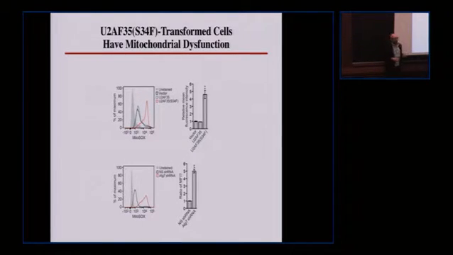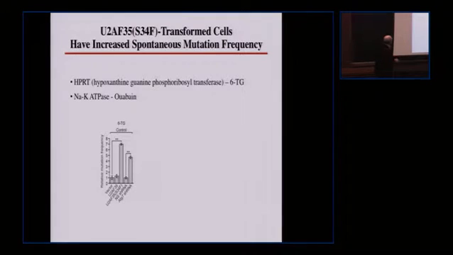Increased reactive oxygen species can cause mutations, so we predicted these cells would have a mutator phenotype. And here we're measuring the mutator phenotype by looking at the spontaneous mutation rate in two genes, HPRT, selecting with a drug called 6-thioguanine, and the sodium-potassium ATPase, selecting for cells with mutations in this gene with ouabain.